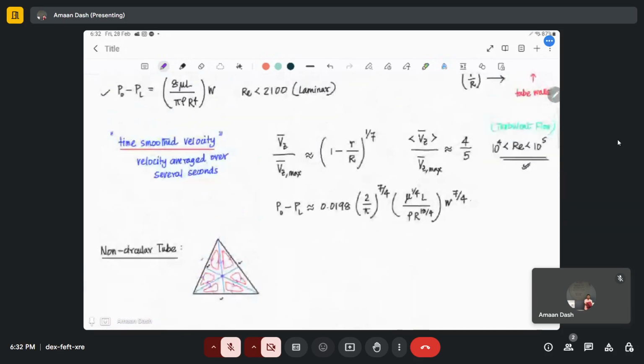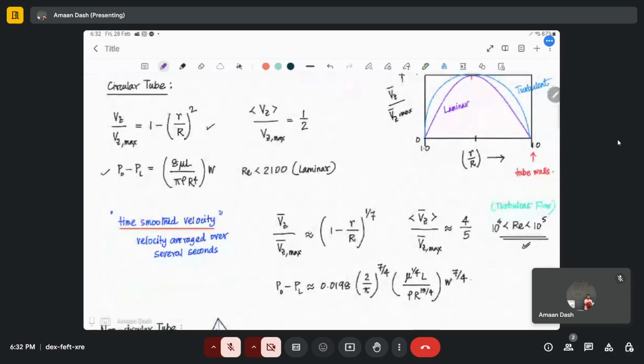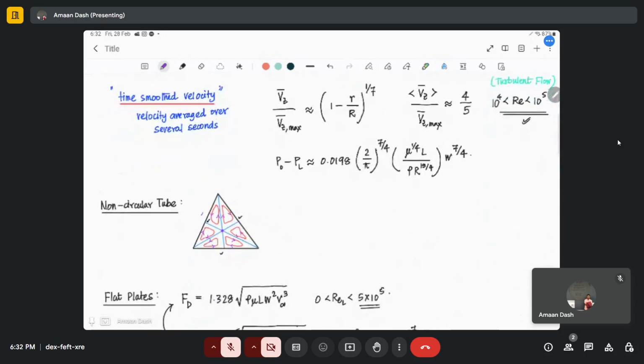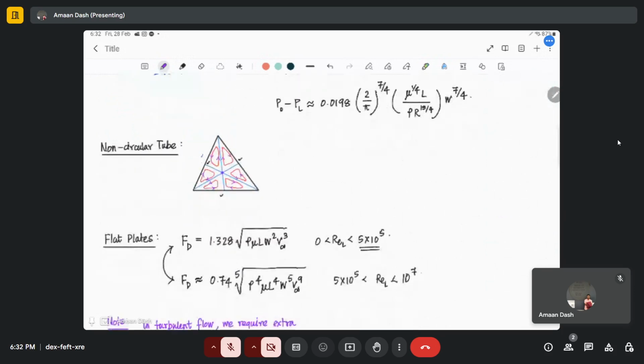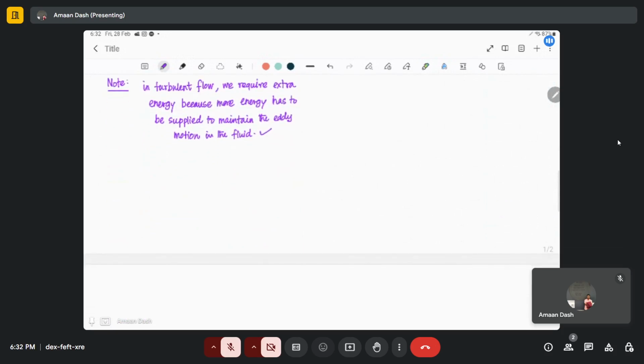Now let us go back to more mathematical sense. We have considered something called time smooth velocity. So now let us try to see what is time smooth velocity and how we can modify our already existing equations for this time smooth velocity.